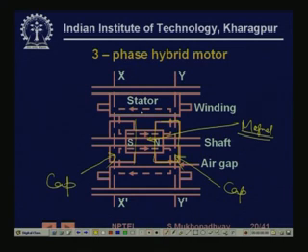If you see the end views, on one end you have this cap, and then this is the other cap. So, you have the two caps, and on the two caps you have rotor teeth.